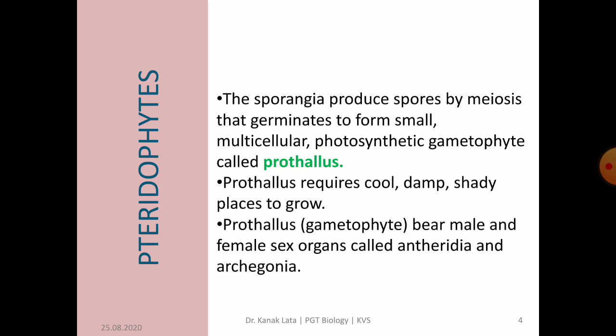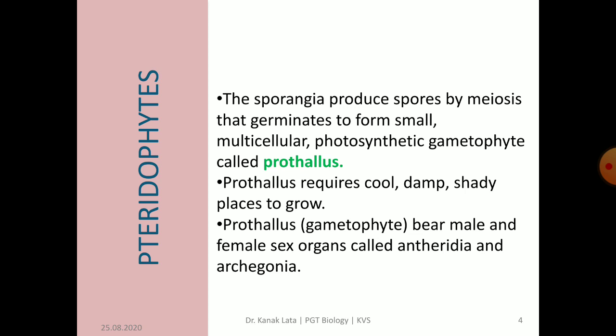The sporangia produce spores by meiotic division, and they germinate to form a small multicellular haploid gametophyte called prothallus. Here the gametophyte is called prothallus, but in bryophytes the haploid gametophyte is called protonema.